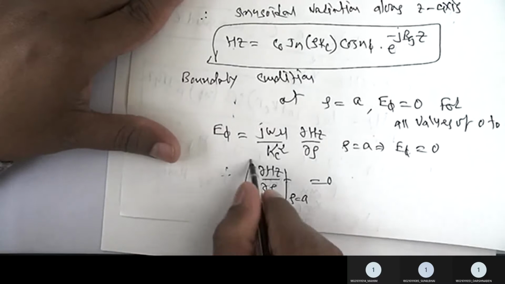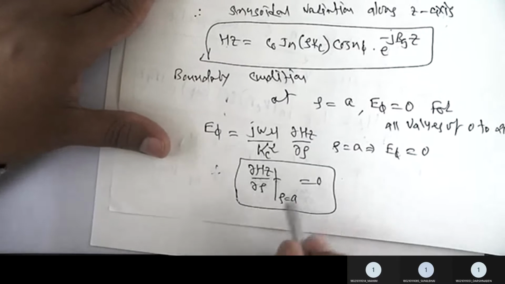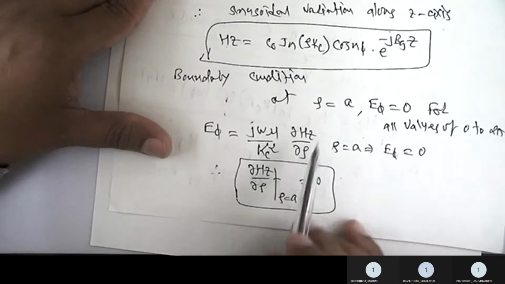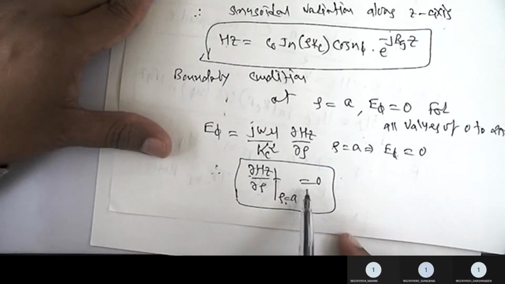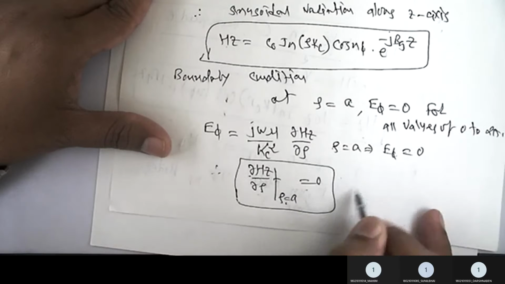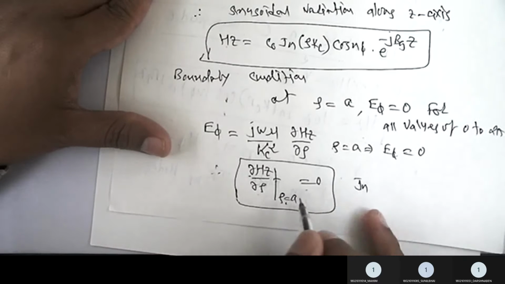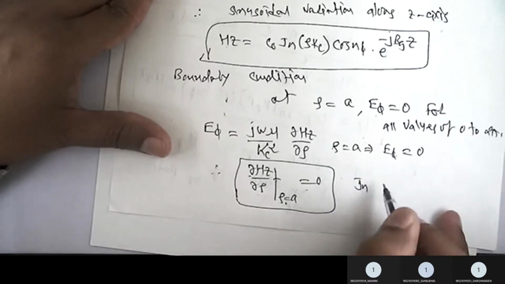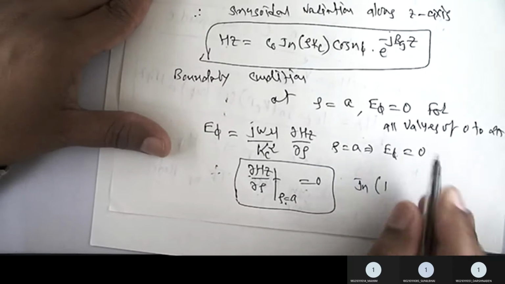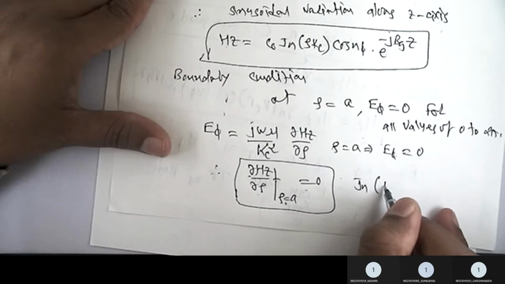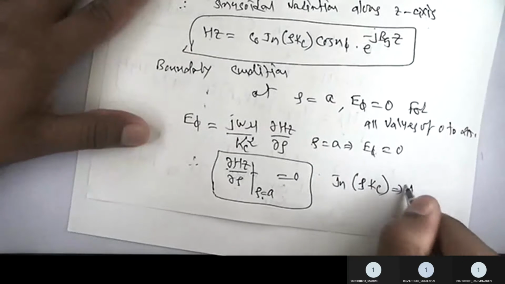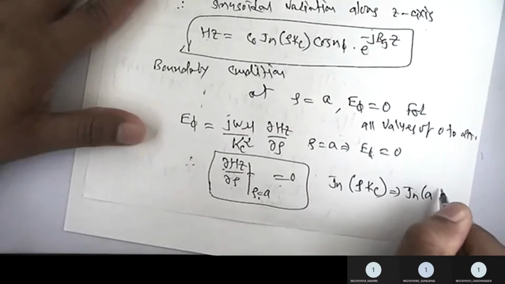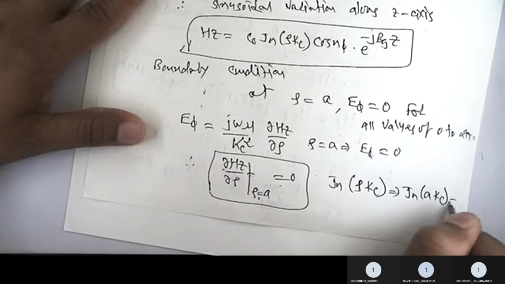So ultimately, for this boundary condition where ρ equal to a, del H of z by del ρ is equal to 0, and then we get the function's value, because we are looking for J_n(ρ k_c), but we are looking for ρ equal to a. So J_n prime at a k_c will become equal to 0.